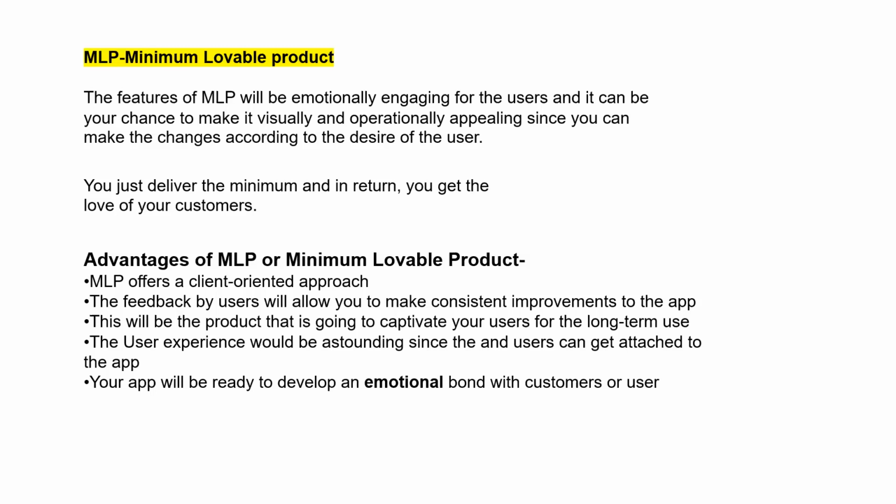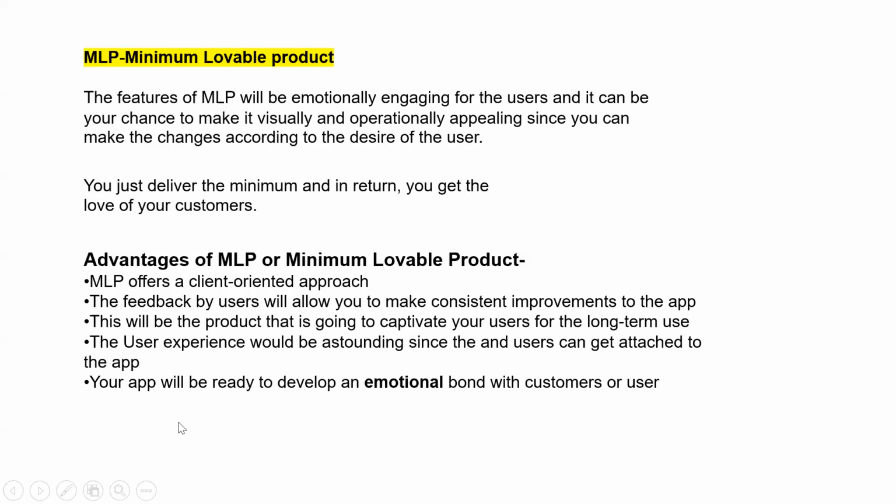So this is an MLP, when you are able to have an emotional bond with people of a particular age. That's what it says here: the user experience would be outstanding, since the users can get attached to this particular app. So the app is very nice, and if you feel happy about that, that is one thing which draws the customers. It helps you have an emotional bond with the customers or users.